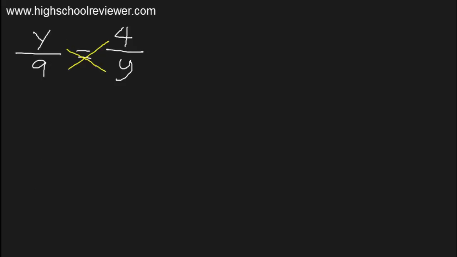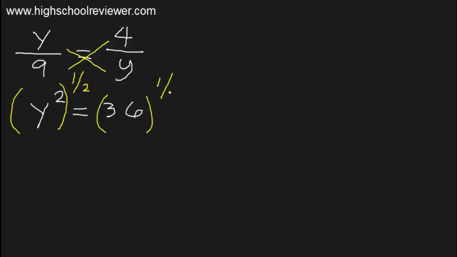So this means that y multiplied by y, this will give us y squared equals 9 multiplied by 4, that is positive 36. And to find y, we need to extract the square roots on both sides of the equation. So to do this, we are going to raise 36 to 1/2.